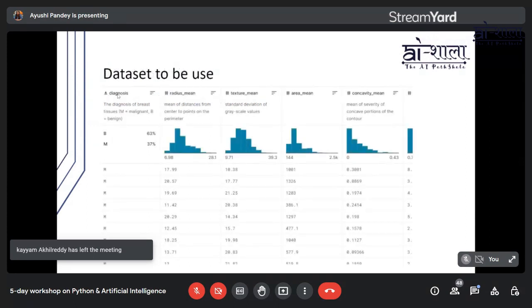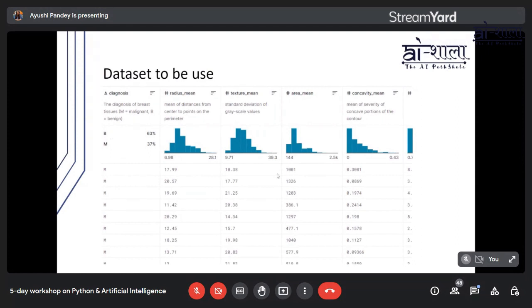So I want to detect cancer. Cancer is categorized into two types: malignant and benign. This is a binary classification because it is categorized into two. This is an example of my data set.